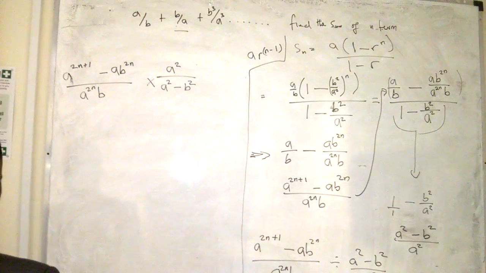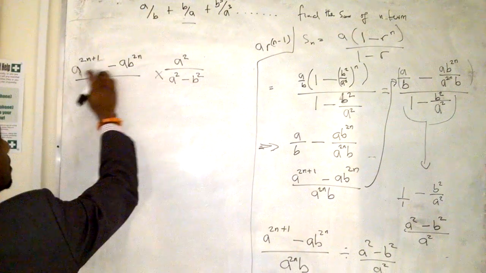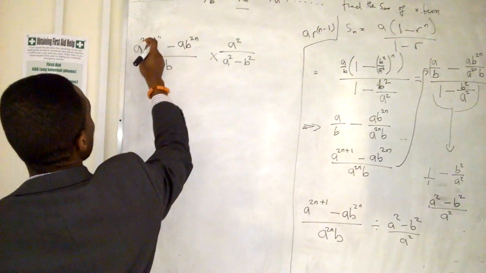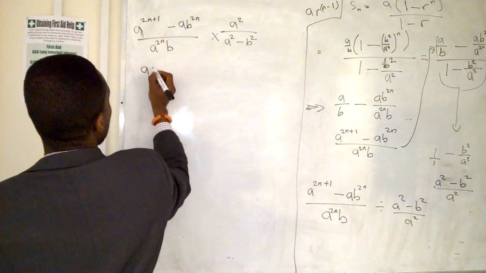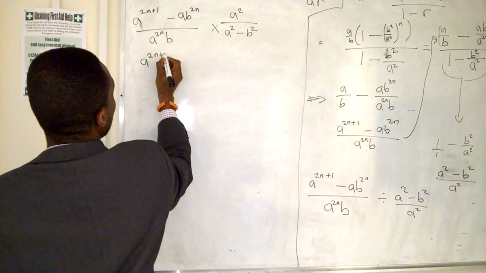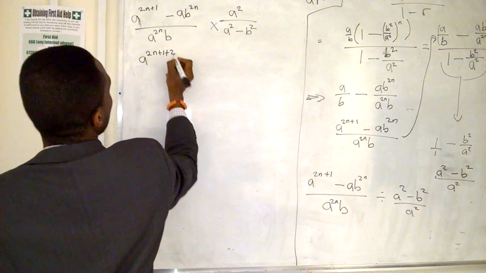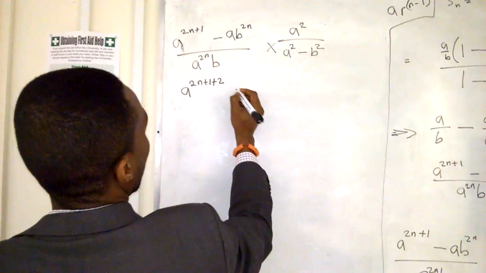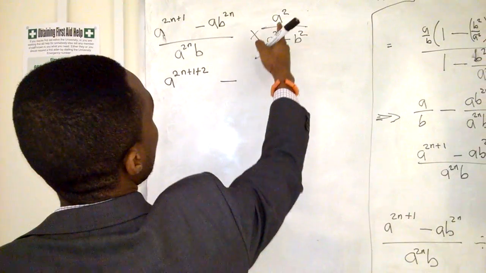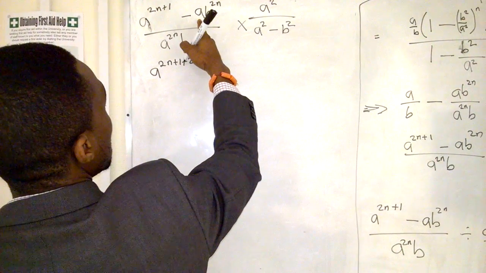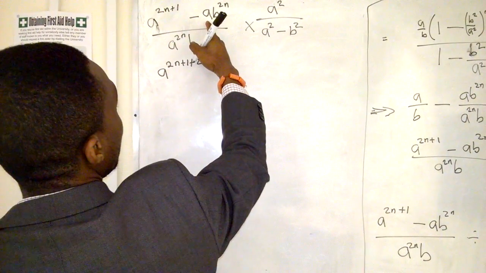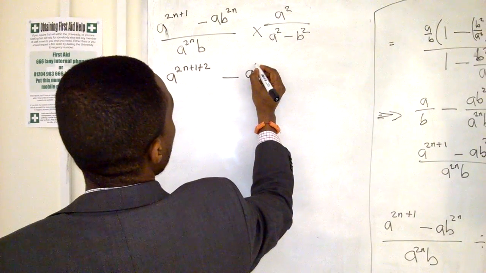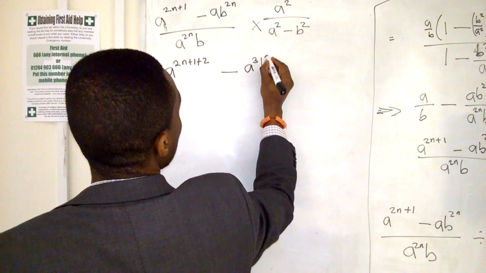Now, if I'm to multiply, this one will be a squared multiplied by a squared n plus 1 will be a squared n plus 1 plus 2, because they have common base, and then minus a squared times a will be a cubed b squared n.